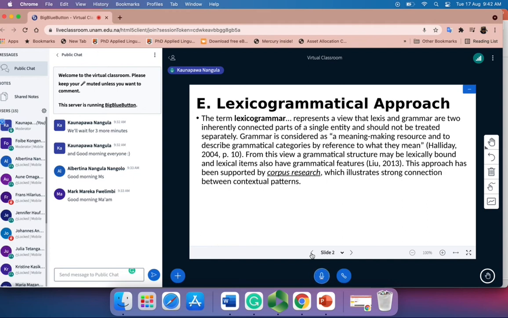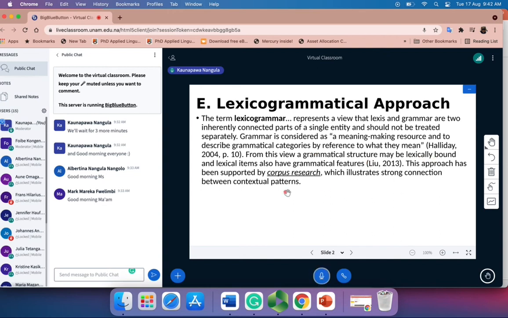So here with this approach, they're just telling us that you cannot say, I'm just going to use the lexical approach or I'm just going to use the grammatical approach, but it's a combination of both because they are intertwined in some ways. All right. So from the view of grammatical structure, maybe lexically bound.